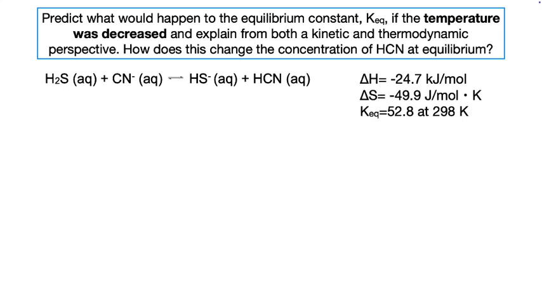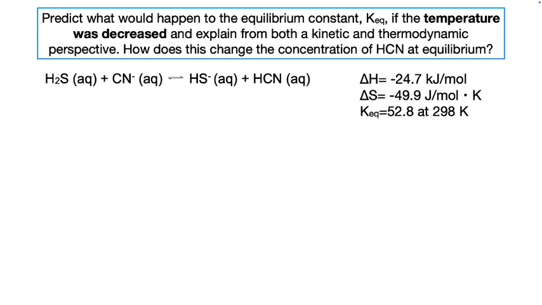Okay, we're talking about the temperature changing, which means we would also have to pick a temperature that matches what the change was. I mean, actually, you can pick any temperature you want. You just have to make sure you're looking at the directionality of the temperature you're talking about. Does that make sense? So the same deals we talked through. Brute force, plug and chug a whole bunch of different numbers, pick a new temperature, run your calculations, see what happens to, in this case, all we care about is the KEQ, right?